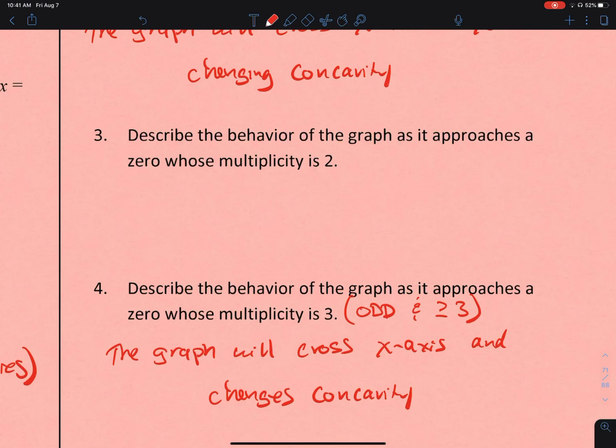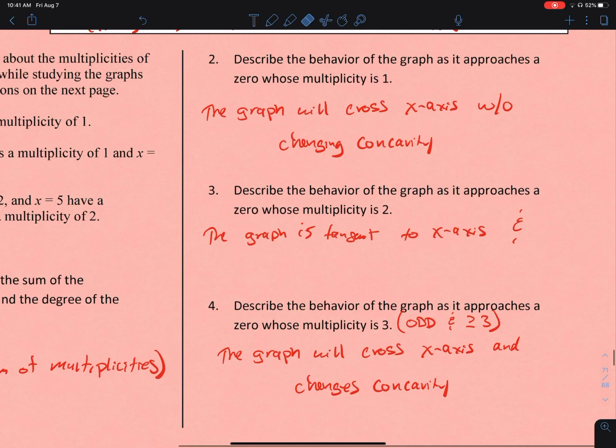So we're going to say the graph is tangent to the x-axis and doesn't change concavity.